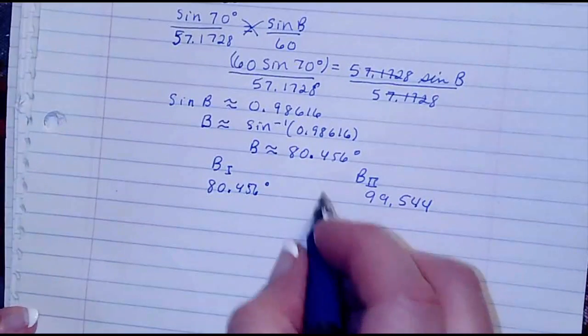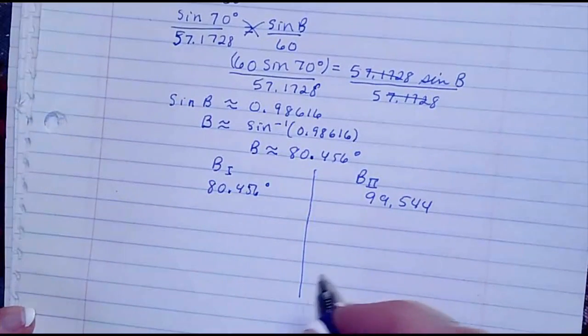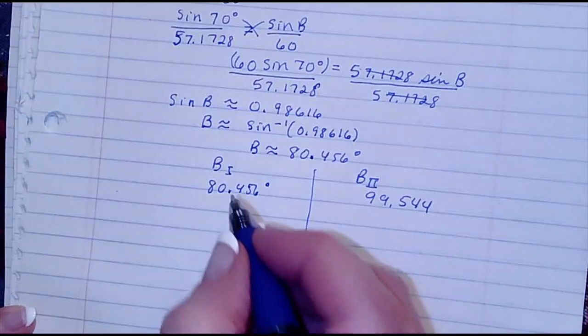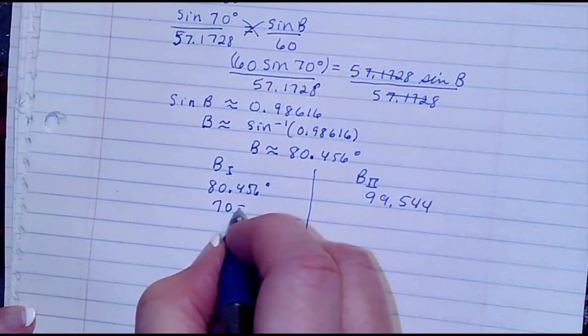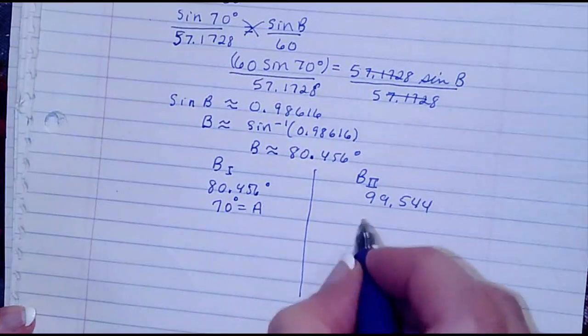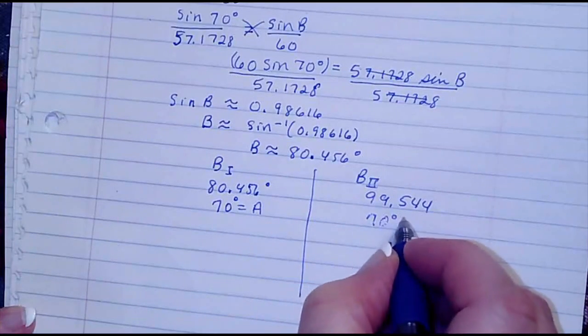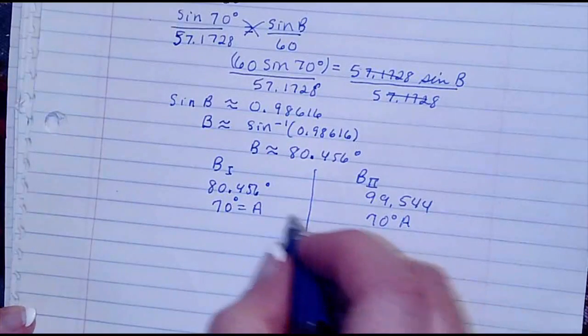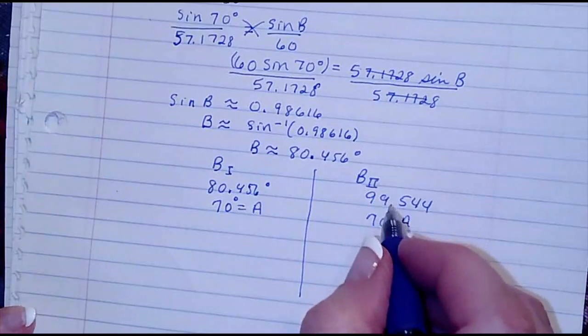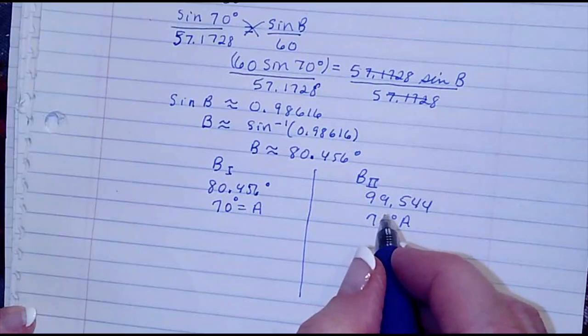So now we're going to consider, like I said, the fact that we have two triangles. If this is quadrant 1, we know we have 70 degrees as our A. To find my C, I've got A and B, so what do I have to do?